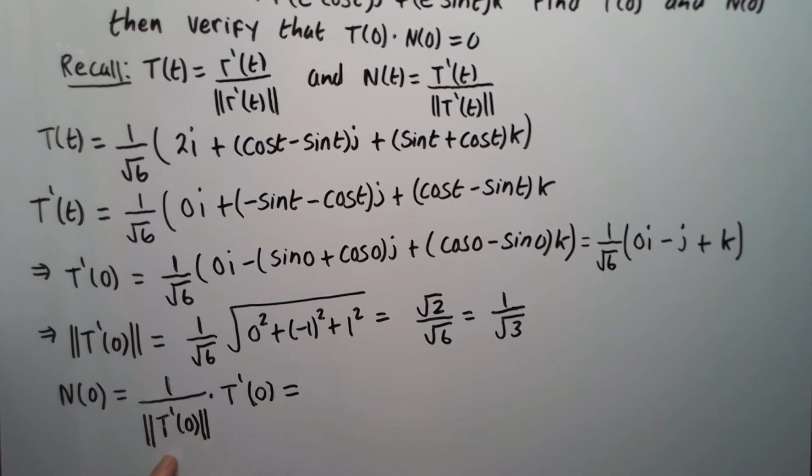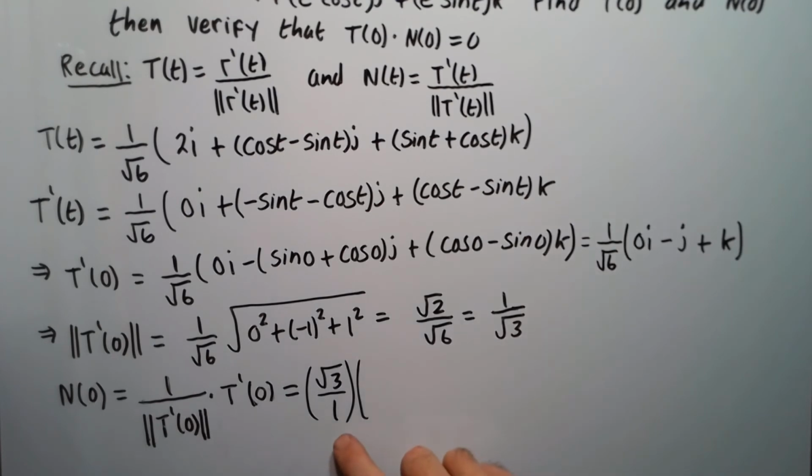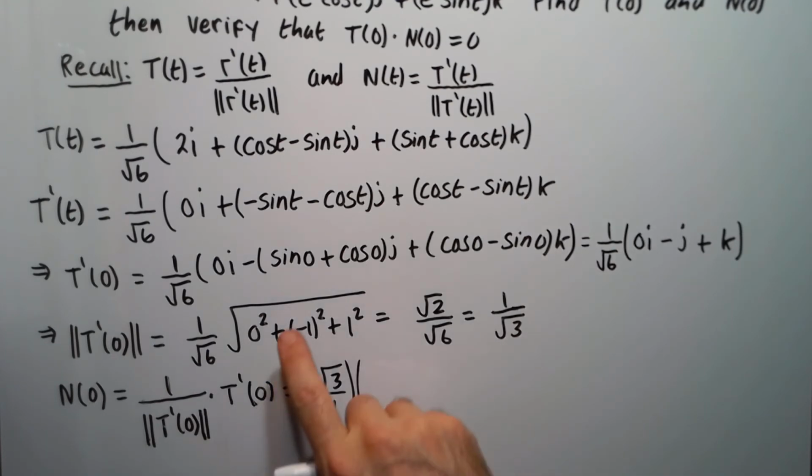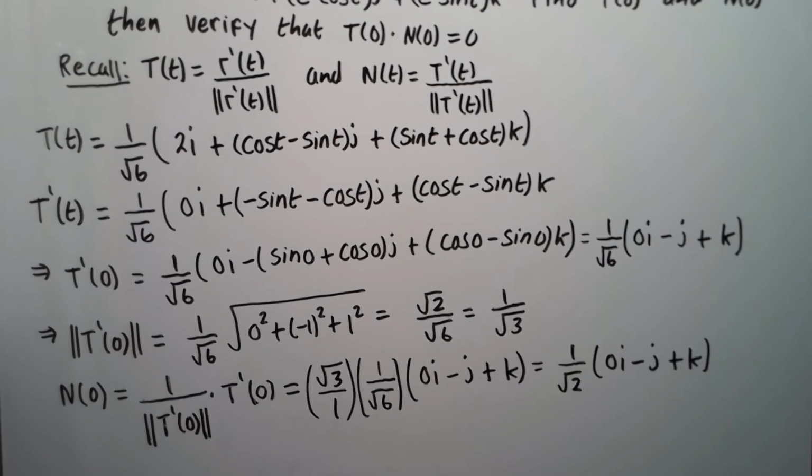So 1 over magnitude would be just the reciprocal of this guy here. Then times our capital T prime of 0, which is this guy right here. Let me write here. Okay, so I've written it here. Then square root of 3 and square root of 6 become just 1 over square root of 2. And that'll be my capital N of 0.